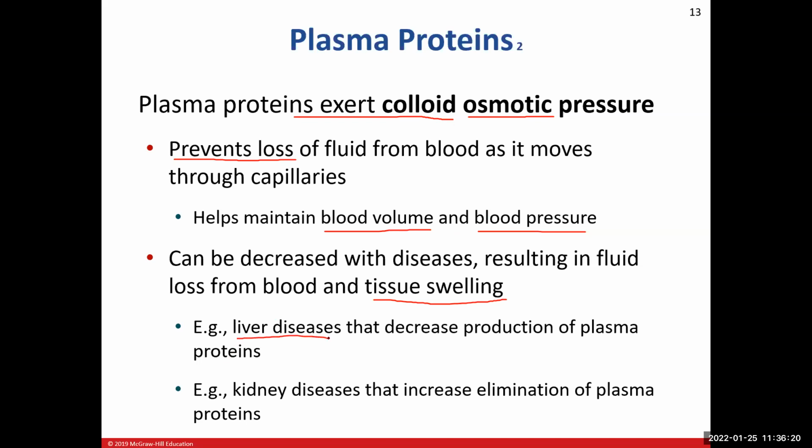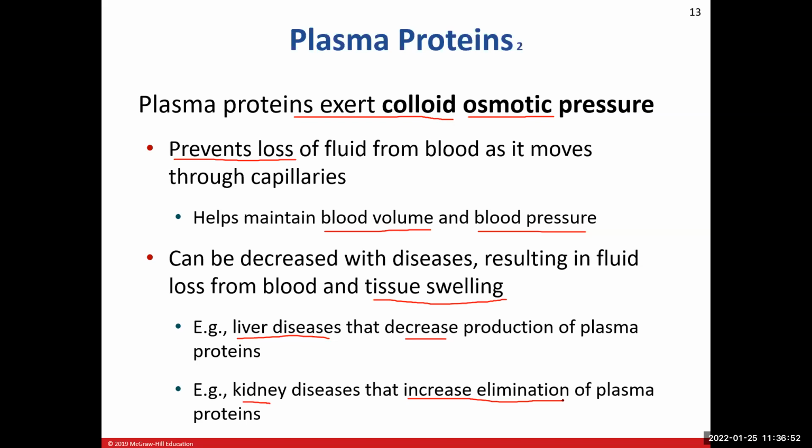So for the two examples here, liver diseases will decrease the production of those plasma proteins. Kidney, same thing, because unfortunately with certain kidney diseases, think of the kidneys as the filtering system of our body, they'll increase the elimination of these plasma proteins. For the most part, plasma proteins are pretty safe from elimination when they're going through the kidneys because they're big, and the filtering system in the kidneys is designed to filter out really small things.